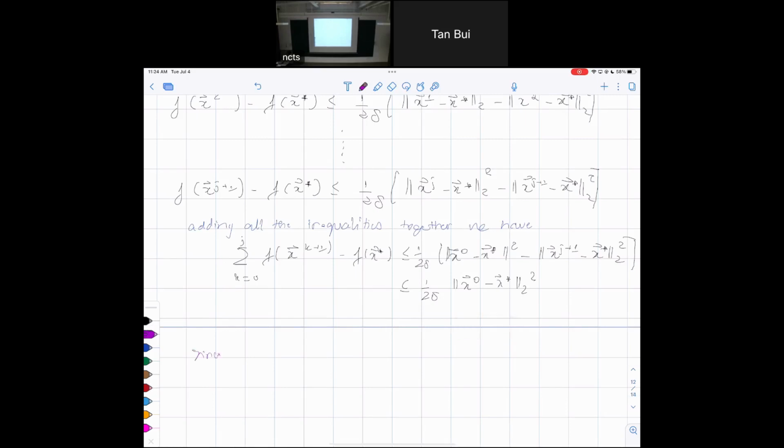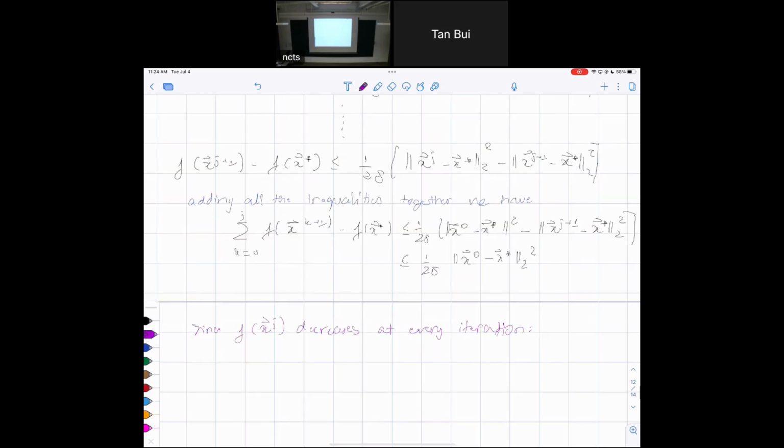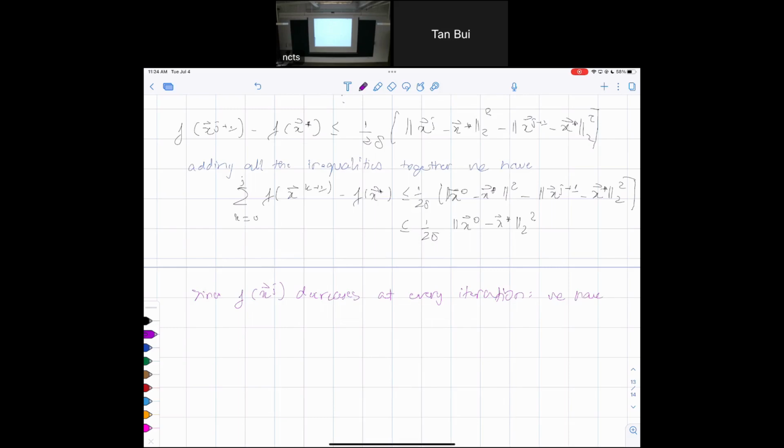Since f of xj decreases at every iteration, the sum of f of xk plus 1 minus f of x star, for k from 0 to j, is greater than or equal to f of xj plus 1 minus f of x star.